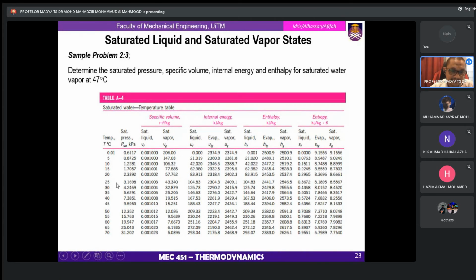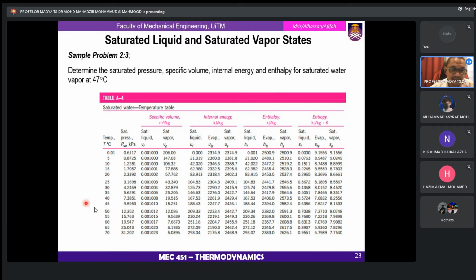When you look in temperature table A4, you do not see 47 Celsius. You just see 45 and 50 Celsius. So 47 Celsius is in between 45 and 50 Celsius. If it is in between, you have to make the interpolation.